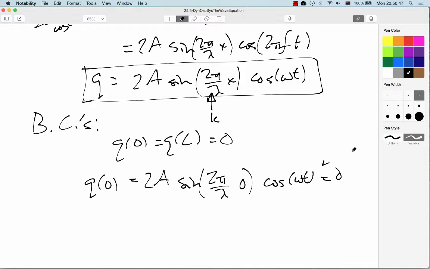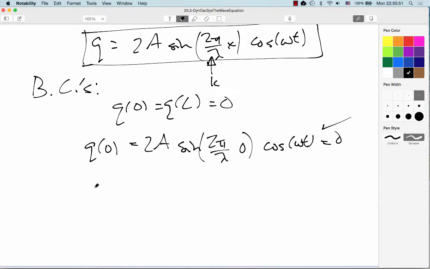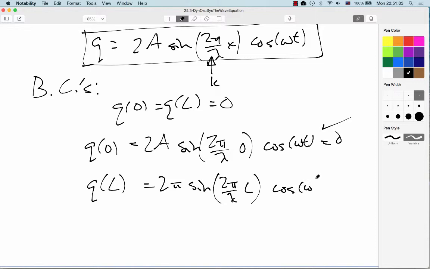Well, that equals 0, so that one's automatically met. Okay, let's take a look at the other boundary condition. Q of L equals 2A sine of 2 pi over lambda L cosine omega t equals 0. Now, this one is not automatically met.